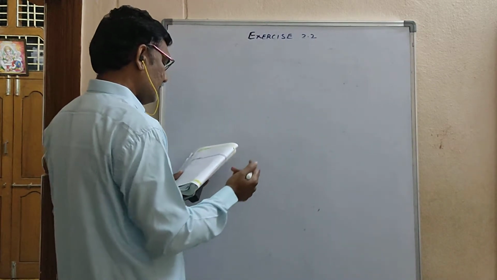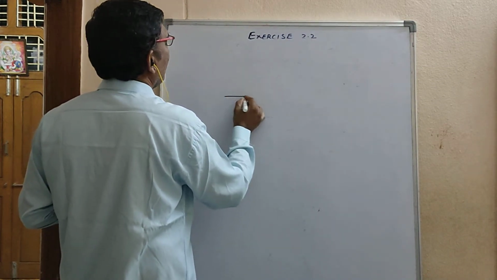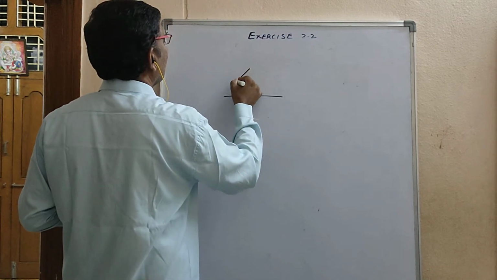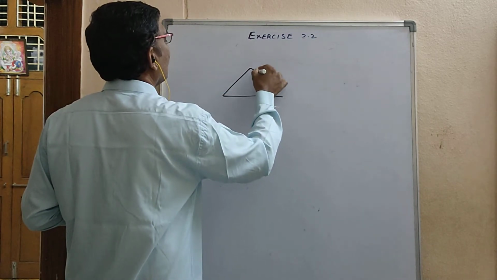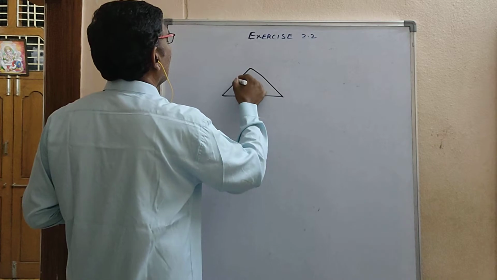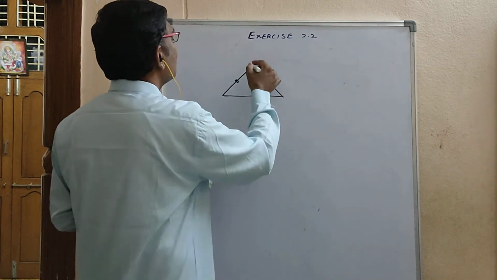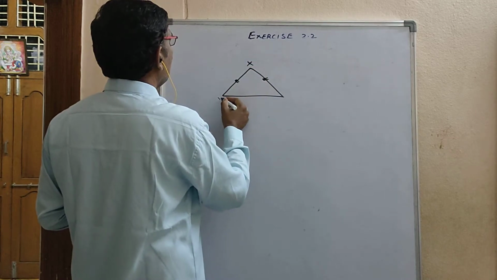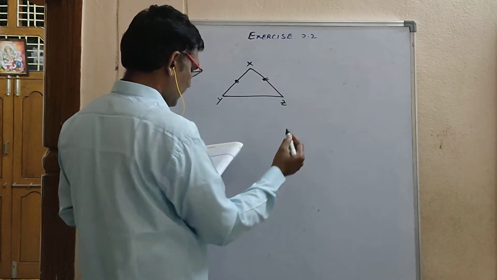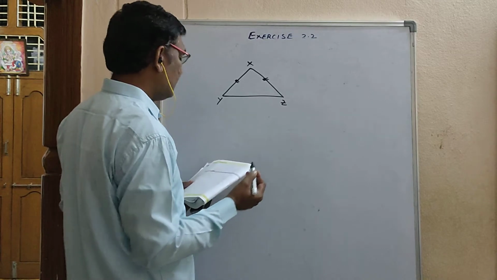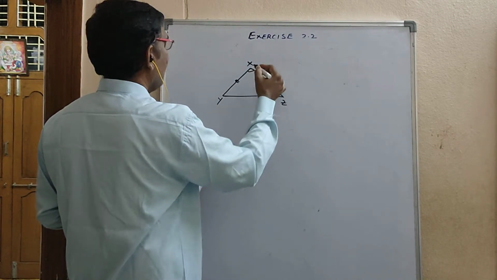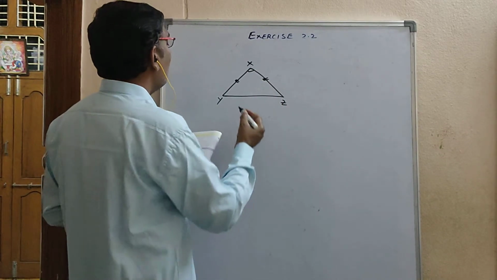The problem is, again one triangle is given. Some lines are there like this. He named this triangle as X, Y and Z. He did not give this angle here. These two angles they gave here.